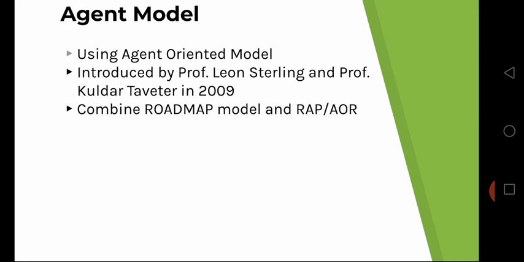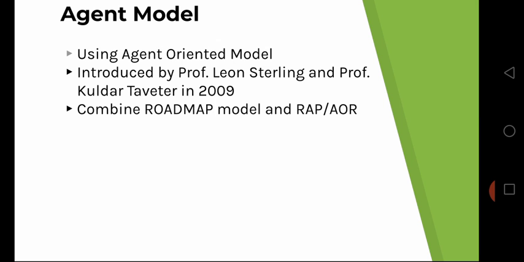The Roadmap model is basically an improved version of the Gaia methodology, which is also an agent methodology, while RAP AOR, developed by Prof. Kuldar, emphasizes the platform independent model and the platform specific model.